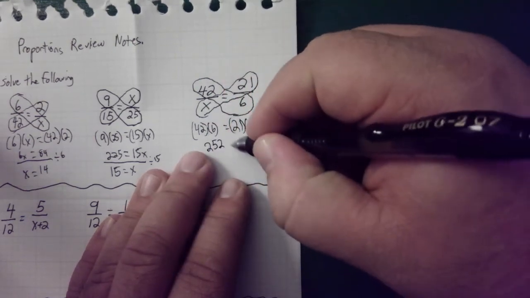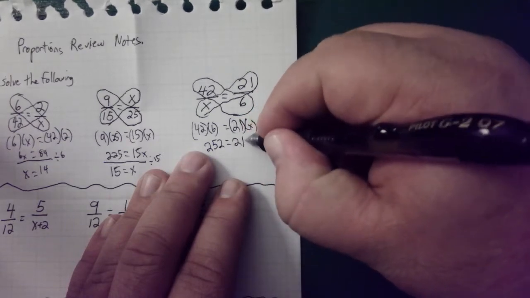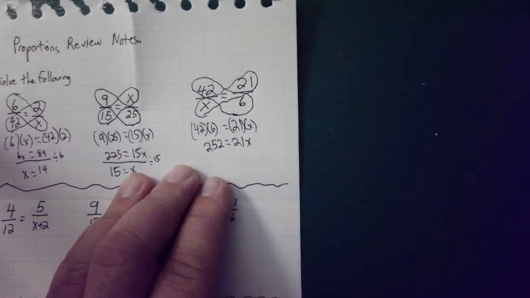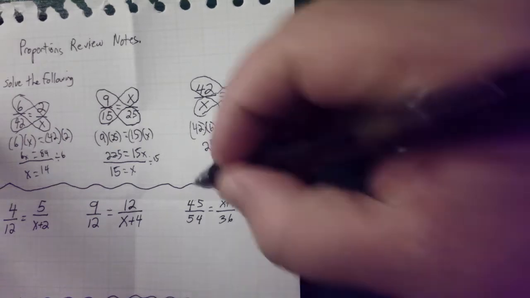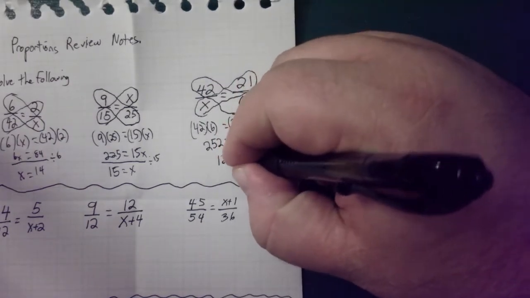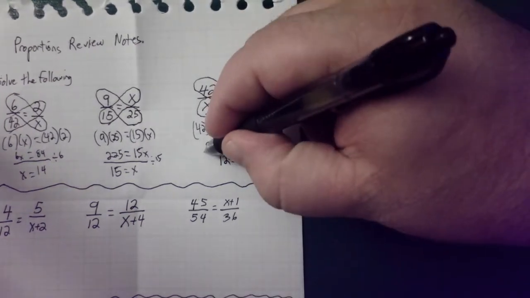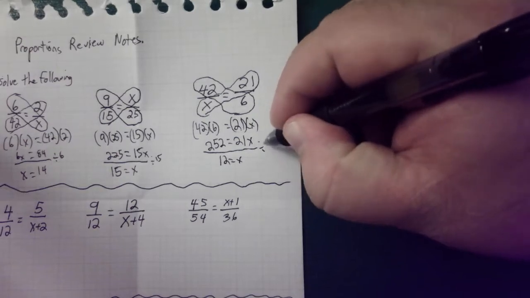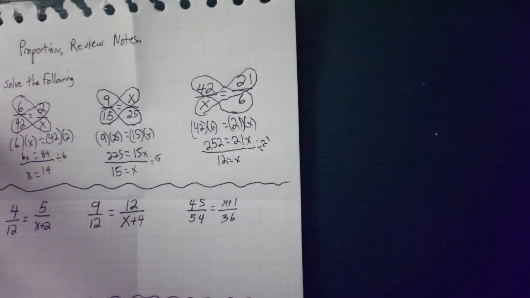I hope, if I did that right in my head. I think I did. And 21 times x is going to be 21x. And then 252 divided by 21 is 12. And yes, I just cheated and used my calculator, but I don't care. It works. So I'm going to divide that by 21. And that's how I got that answer.